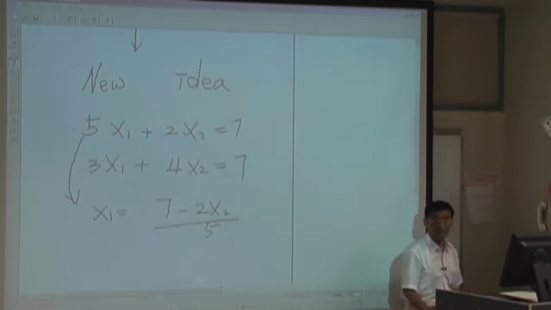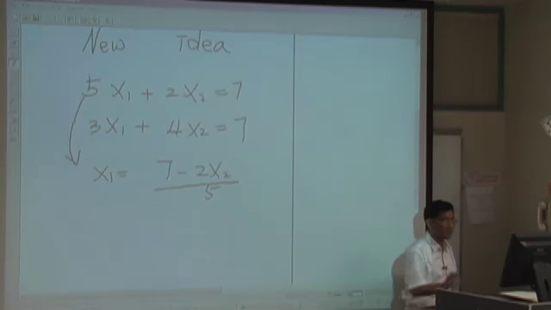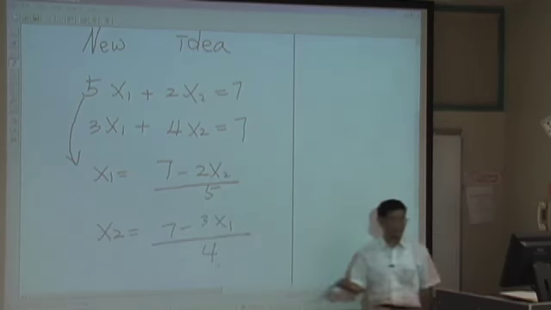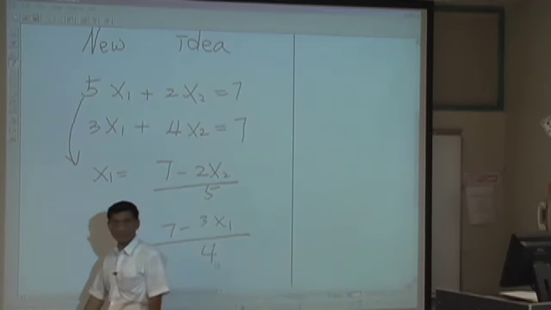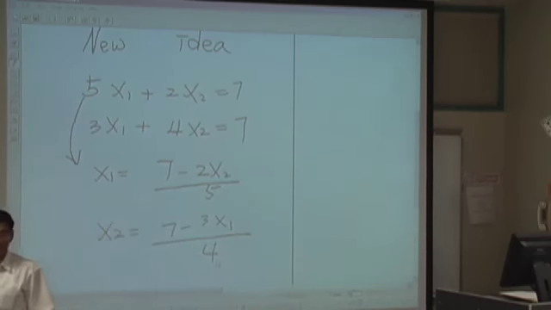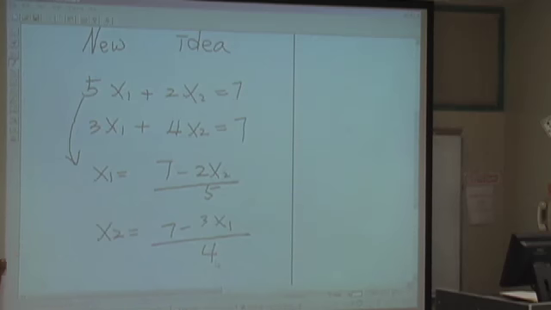Do you follow me? I solved this for x1. What about solving this for x2? x2 equals (7 minus 3x1) over 4. And in fact, this method is used. Believe it or not, when you watch TV, this thing is behind the technique.